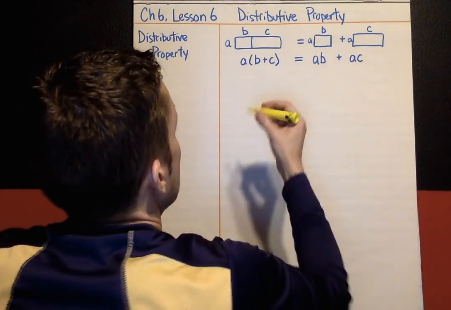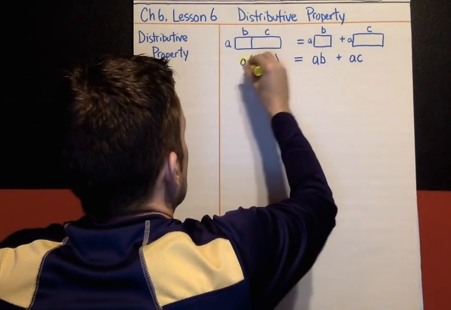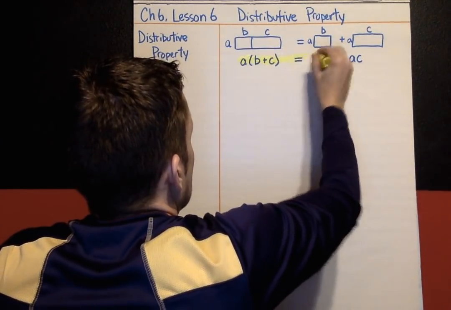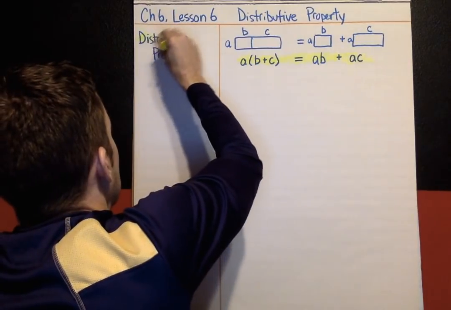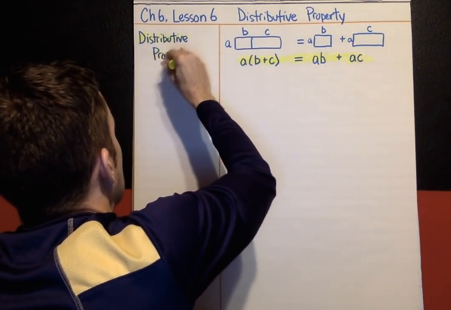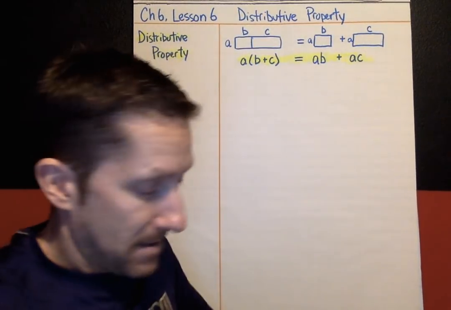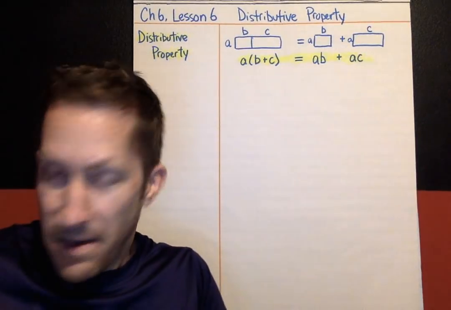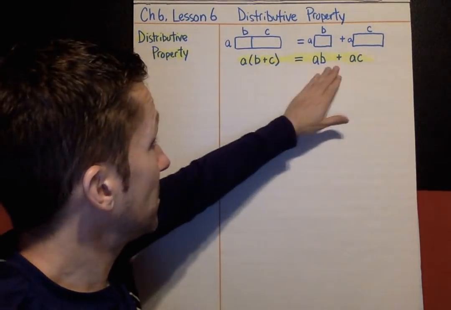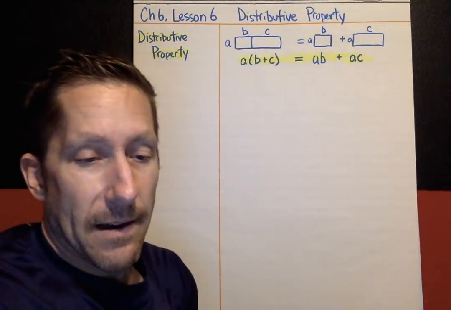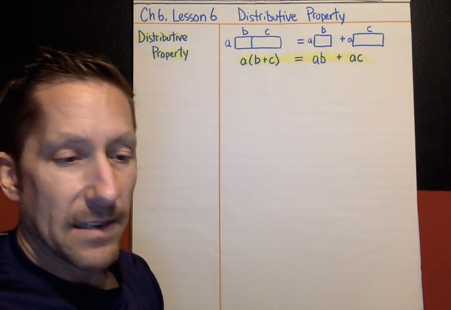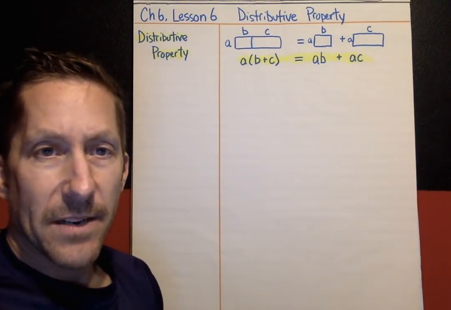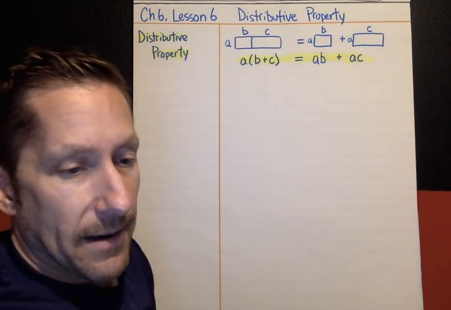I'm going to highlight that. So this is the distributive property. And now we're going to look at the rest of this lesson using the distributive property to solve some problems.